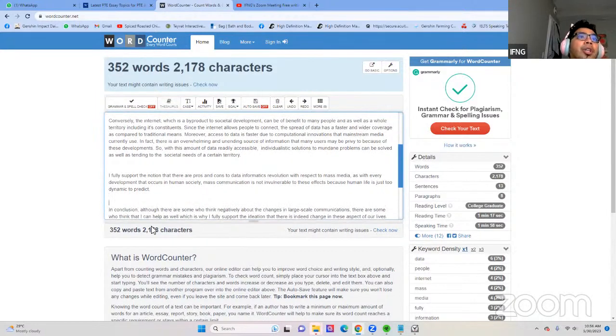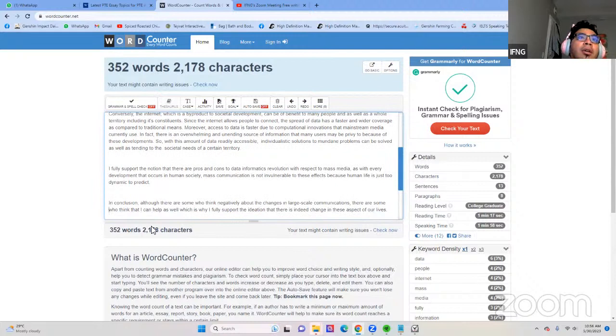In conclusion, although there are some who think negatively about the changes in large-scale communications, there are some who think it can help as well, which is why I fully support the ideation that there is indeed change in this aspect.